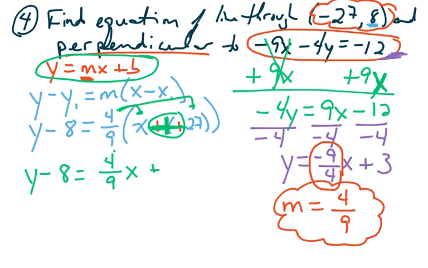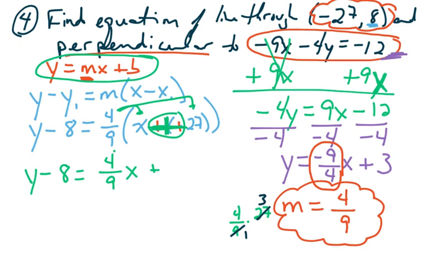27 times 4/9. If I go over here on the side, 4/9 times 27. The key to realize here is that 27 is a multiple of 9. 9 goes into 9 once, 9 goes into 27 3 times. So we end up with just a 1 in the denominator, which means that we don't have an ugly denominator at all, or an ugly fraction anymore.